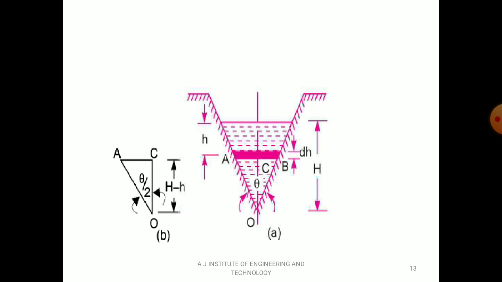The total distance OC is capital letter H, that is the head of water. And you are going to consider one strip at a distance h from the free surface of water. Now what is the height of that, OC? That is capital H minus small h, the height of the small triangle element, that is OC.